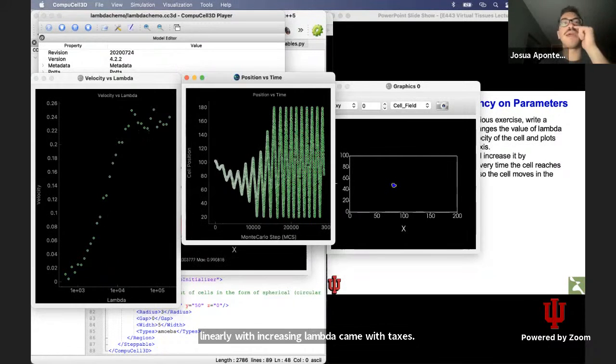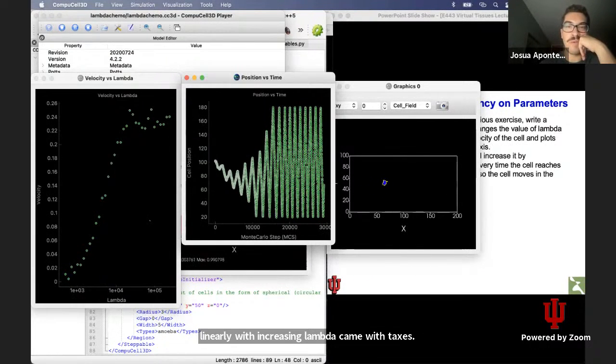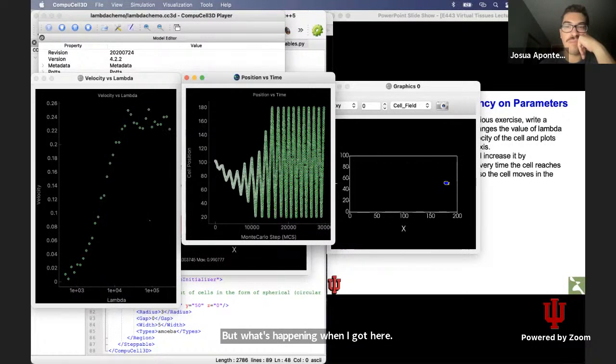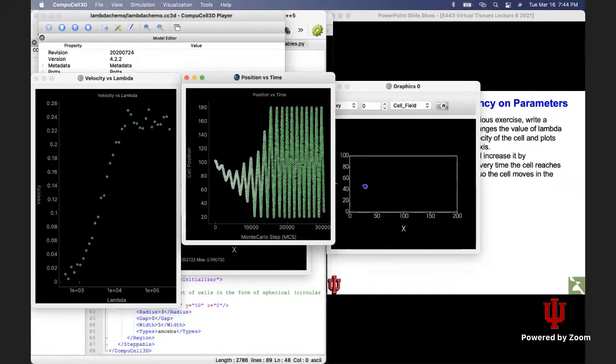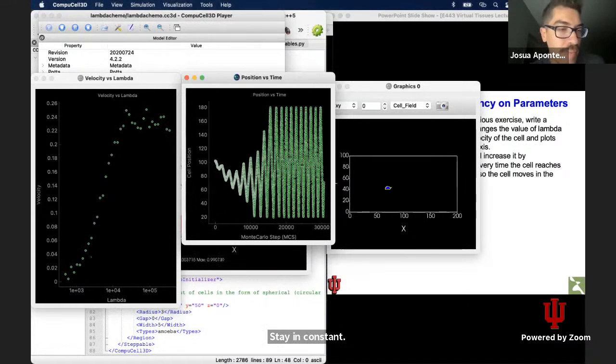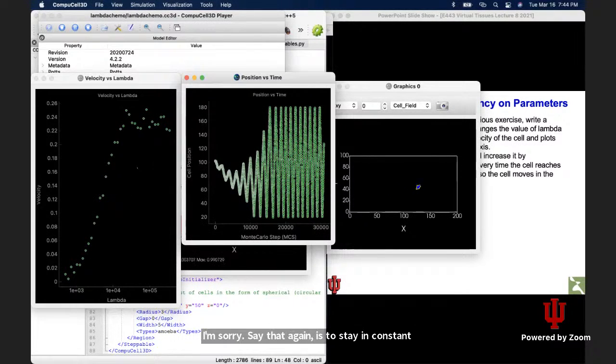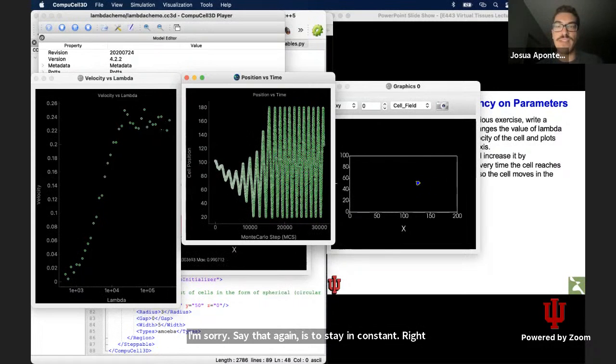But what's happening when I got here? Is it staying constant? Right. It reached a maximum speed that the cells can move at.